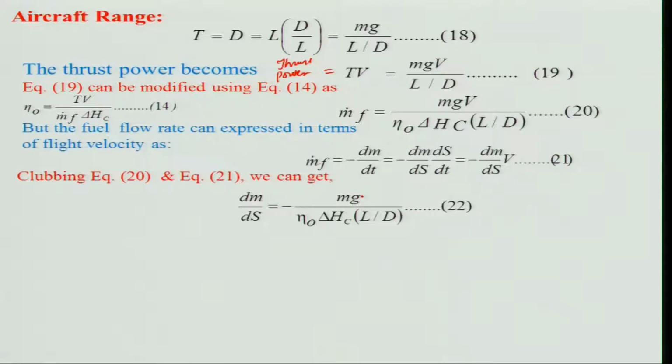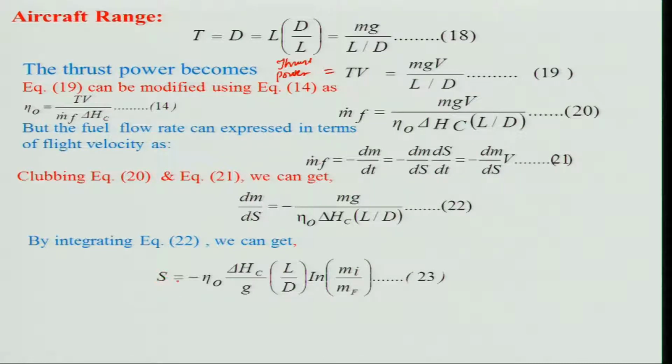If you integrate this expression, we get S is equal to minus eta naught delta S C by g multiplied by L by D ln m_i by m_f. What is this m_i? m_i is the initial mass of the vehicle, of the aircraft, and f is the final mass of the aircraft, and the change in the mass will tell you the range.